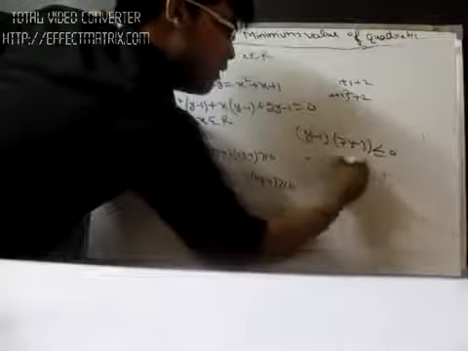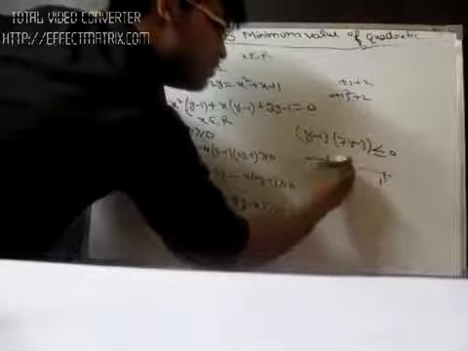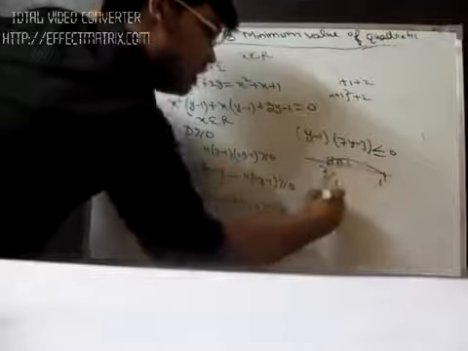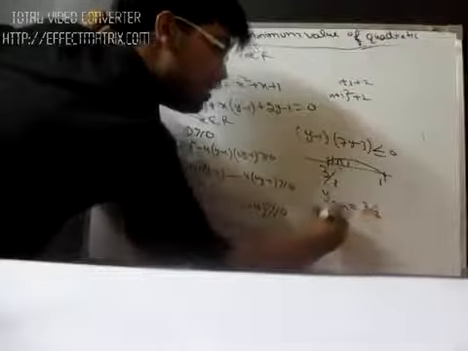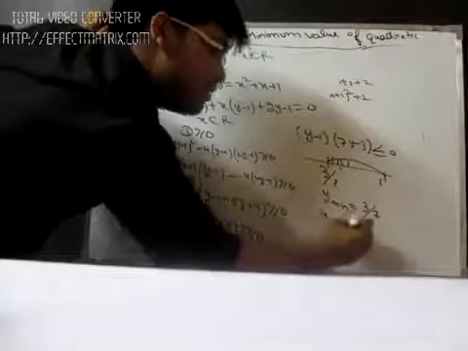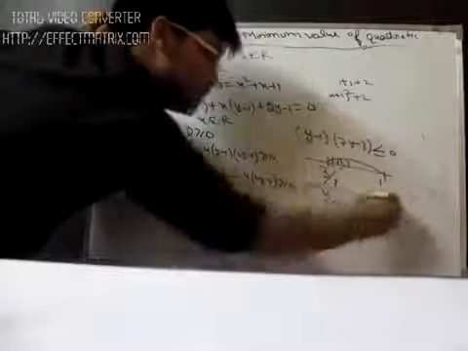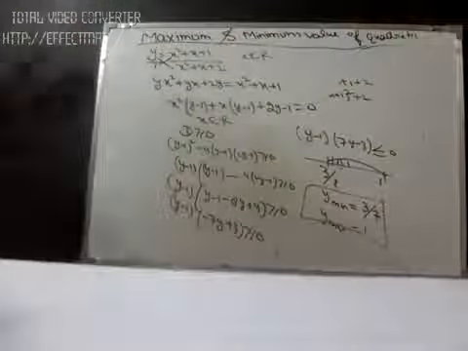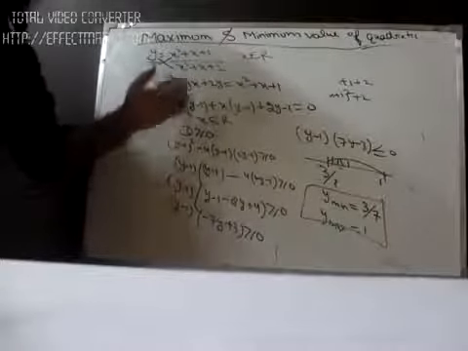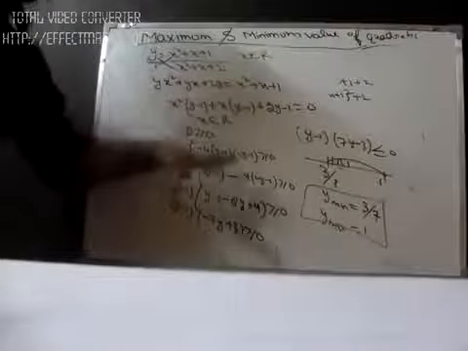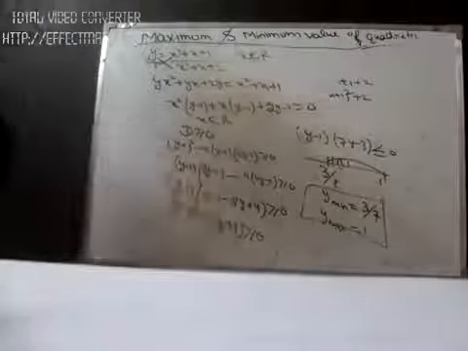So the roots are 1 and 3 by 7. So the minimum value of y is 3 by 7 and the maximum is 1. Just cross multiply, make a quadratic in x, and since x is real, the discriminant is greater than or equal to 0, then solve this inequality.